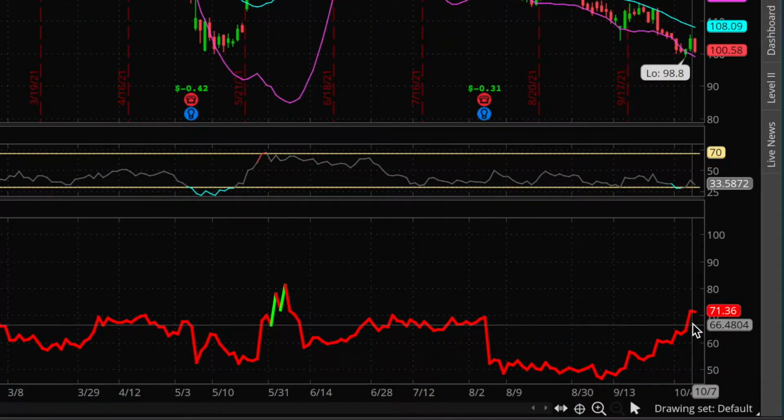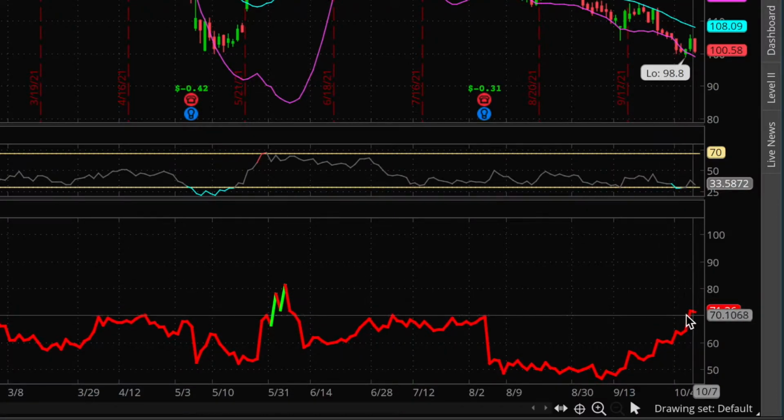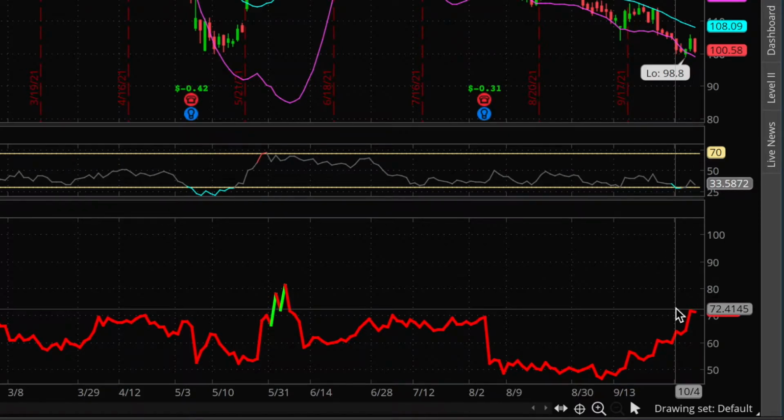And whenever implied volatility expands like this, you're also going to see an increase in the prices of the options on Beyond Meat. So naturally, as an option seller, you want to be looking for stocks with elevated levels of implied volatility, right? Because you want to find the stocks that have very expensive options. When you sell those options, you're going to make the biggest profits. So that's the main reason why I chose Beyond Meat here. This would definitely be a stock that I would be interested in selling options on.